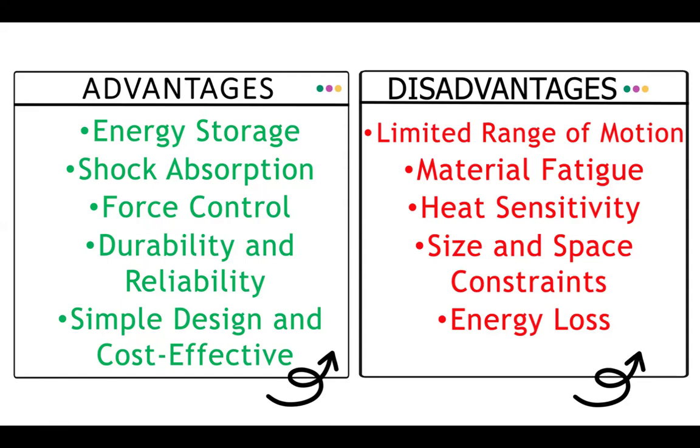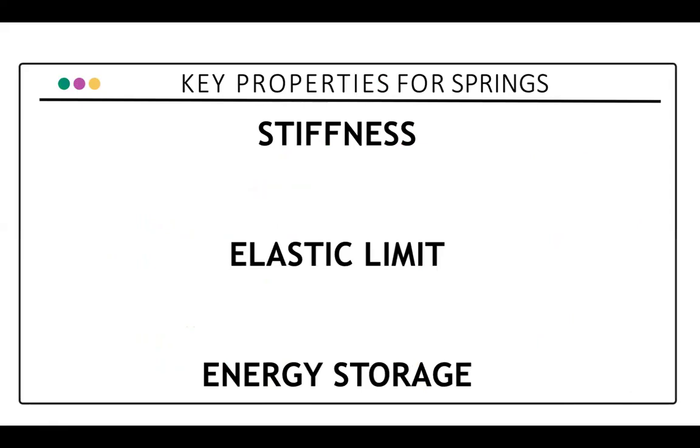Okay. And these are some of the advantages and disadvantages of springs. These are some of the key properties that we need to know when we are dealing with springs: the stiffness, the elastic limit, and energy storage. Stiffness indicates how much force is required to deform the spring by a certain amount. It is represented by Hooke's law.